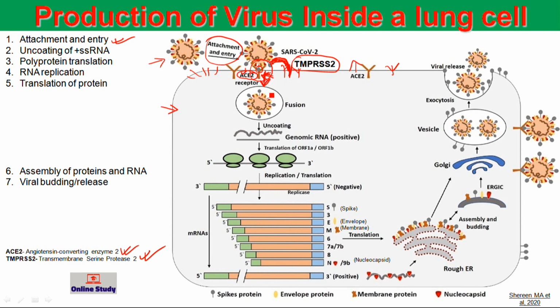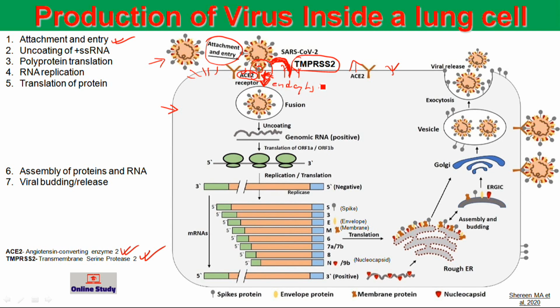Not only this serine protease is involved in this process, but many other proteins have been described that can help entry of this virus inside the lung cell. The process of the virus entering the cell is called endocytosis.